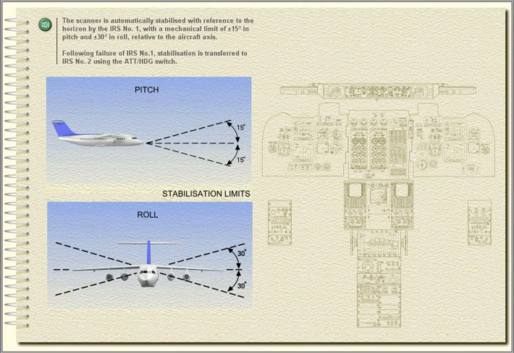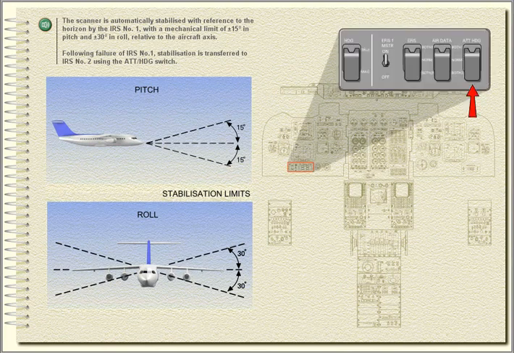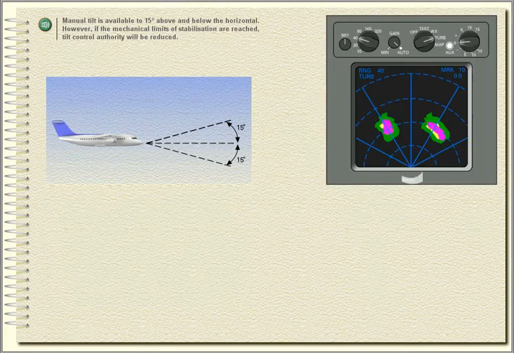Following failure of IRS number 1, stabilization is transferred to IRS number 2 using the attitude heading switch. Manual tilt is available to 15 degrees above and below the horizontal. However, if the mechanical limits of stabilization are reached, tilt control authority will be reduced.